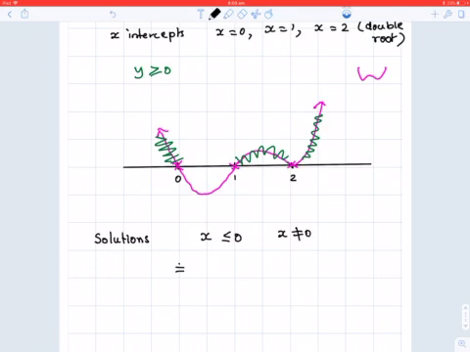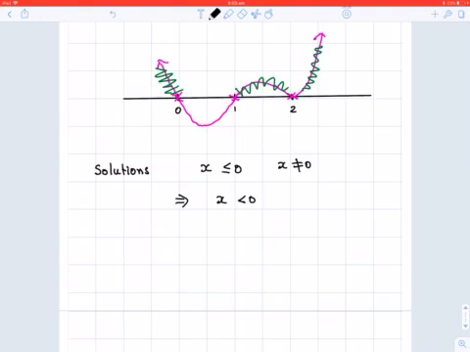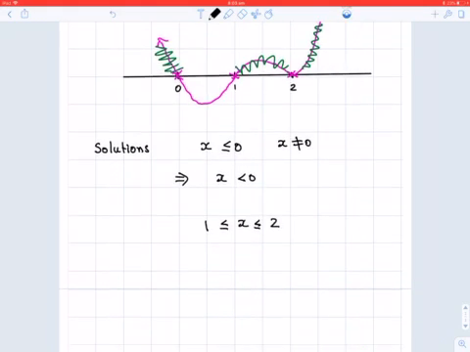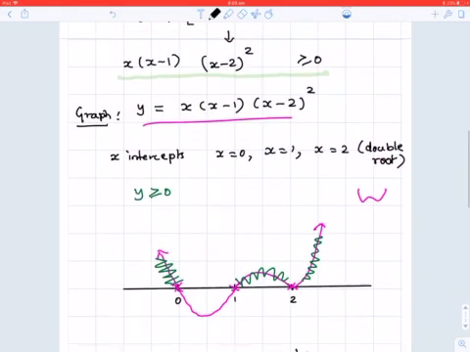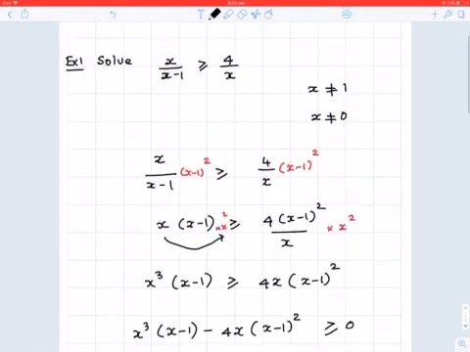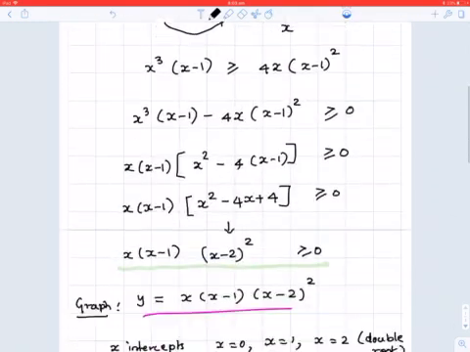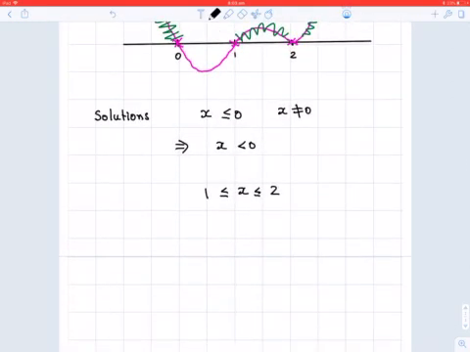So literally speaking, the solutions are: one, x less than or equal to 0, because to the left of 0 the value of y is positive. But x cannot be 0, so that gives only x less than 0. That's one part. Then between 1 and 2, y is again positive, more than 0 in this region.